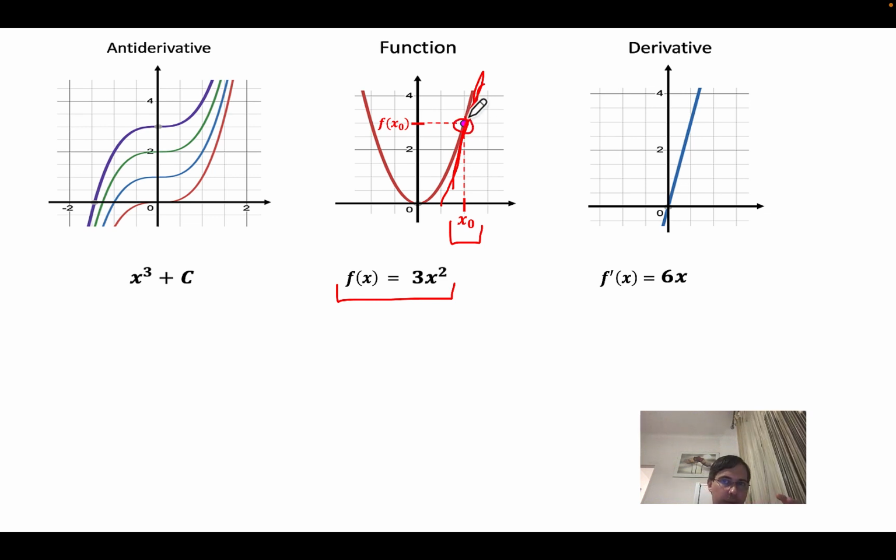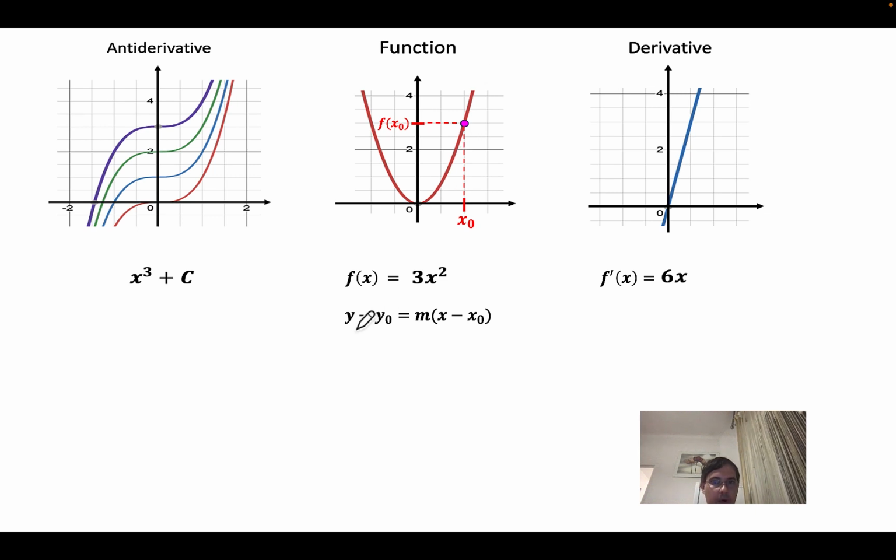So to find the equation of the tangent line, we use derivative, because all we need to compute is the slope of this line, which is exactly the information that we get from the derivative. So we know that if this is my function f, 3x squared, then f prime, the derivative of this function, is 6x. So now let's use the point slope formula for this tangent line.